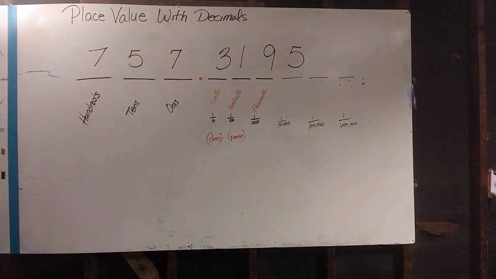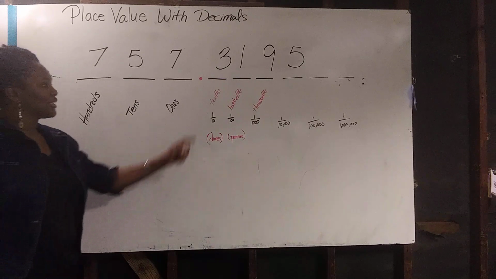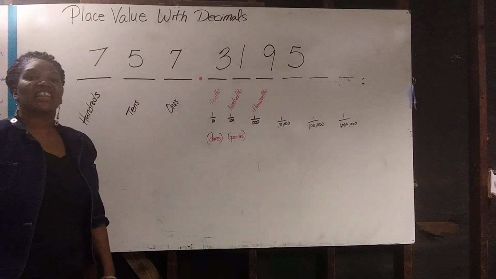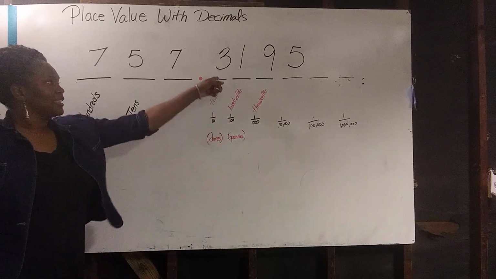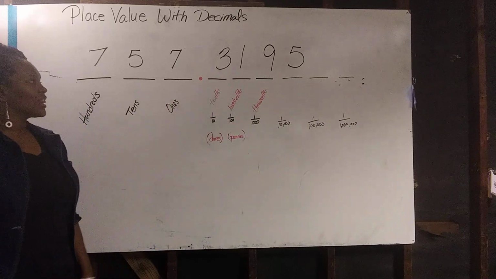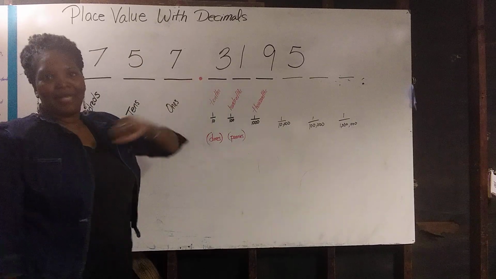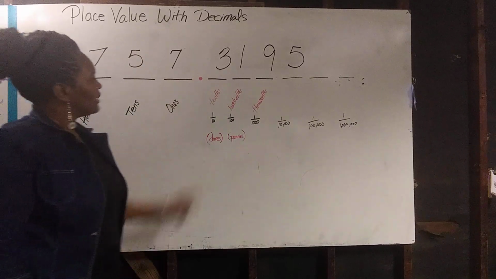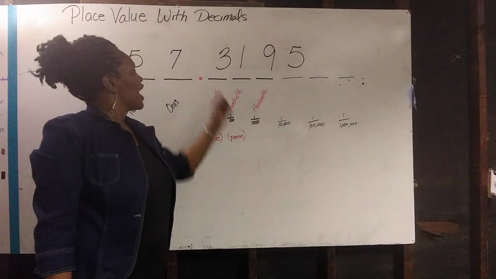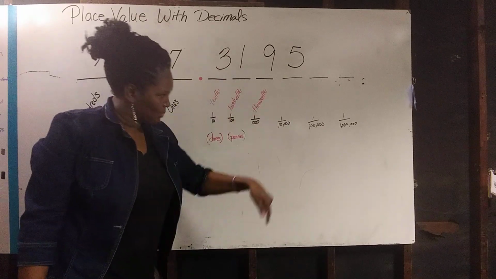What I really want you to do is think about the number that's in just the tenths place. Is it the 5 or is it the 3? Remember I said tenths. Good. It's the 3. The tenths place is right behind that decimal. The hundredths place is right behind the tenths place.